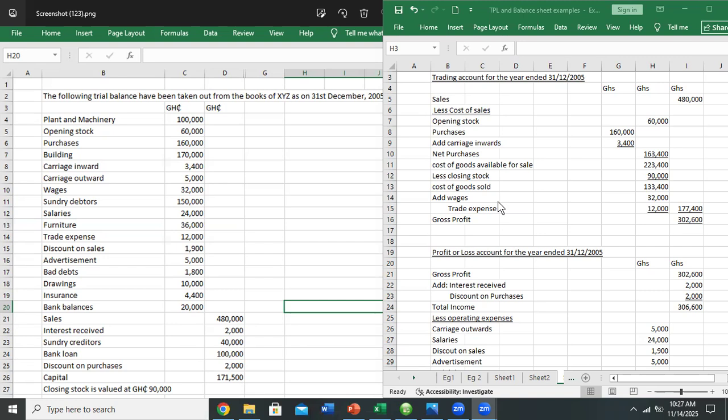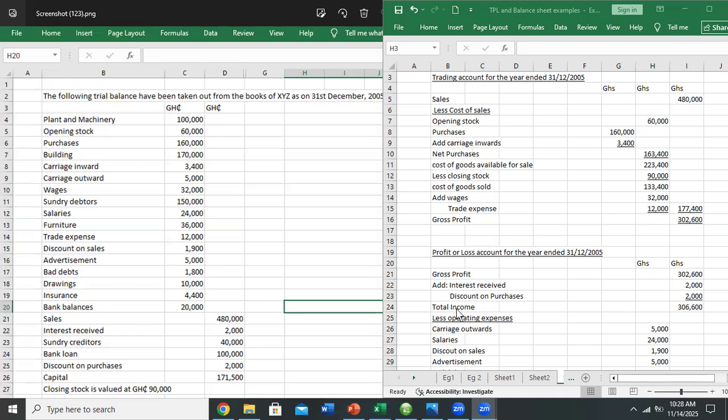So if you check here, this is an expense, but it's a trading expense. Carriage in is an expense, but it is a trading expense. Why? Because until you incur those expenses, you can't get the goods to sell them. So that's the rationale.